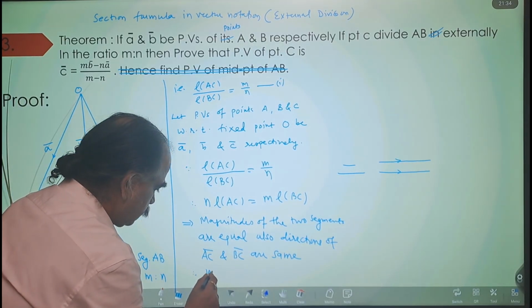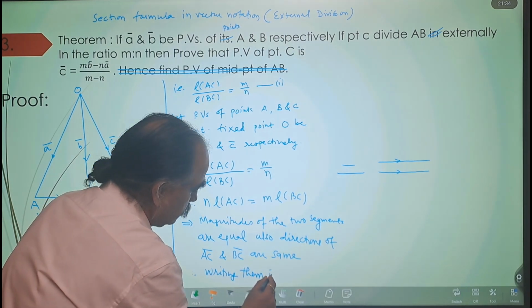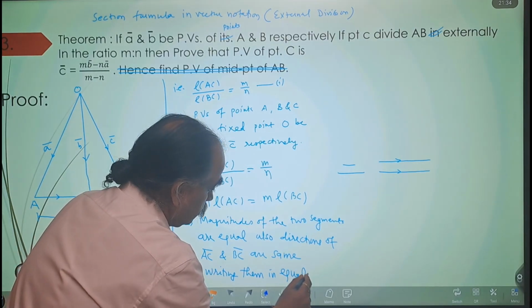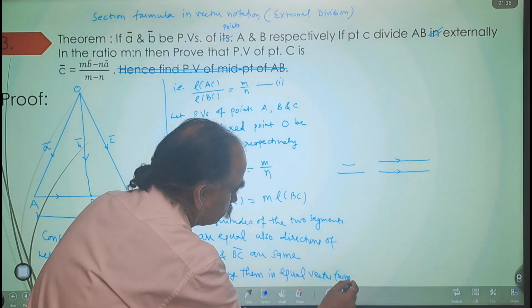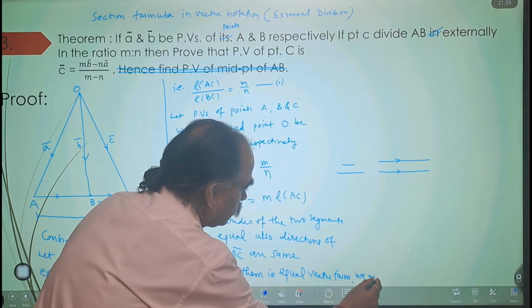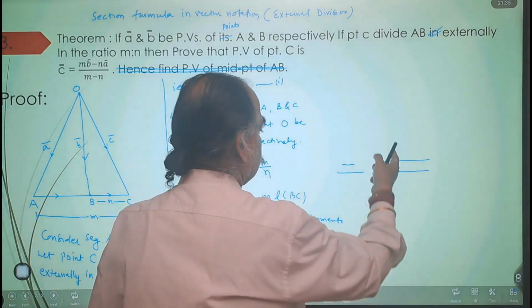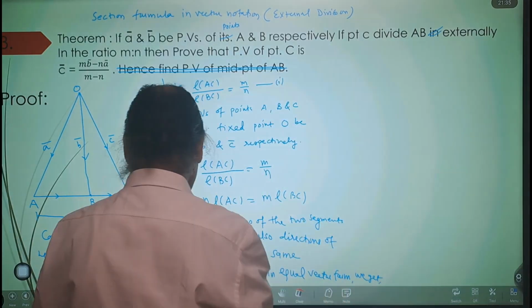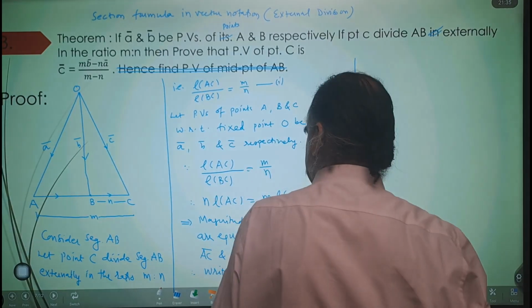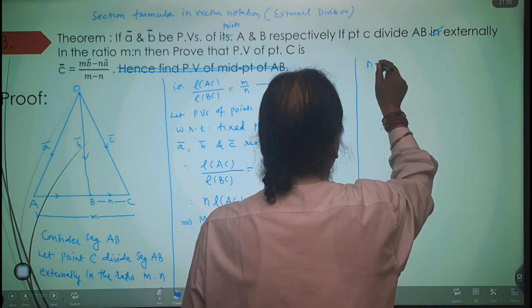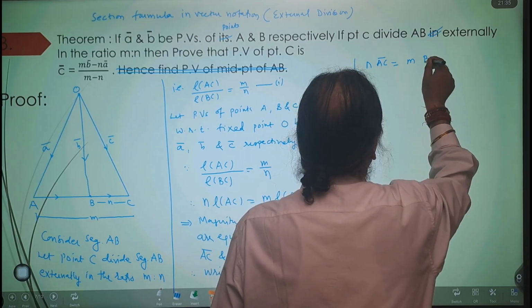Therefore, writing them in equal vector form, we get n times AC bar is equal to m times BC bar.